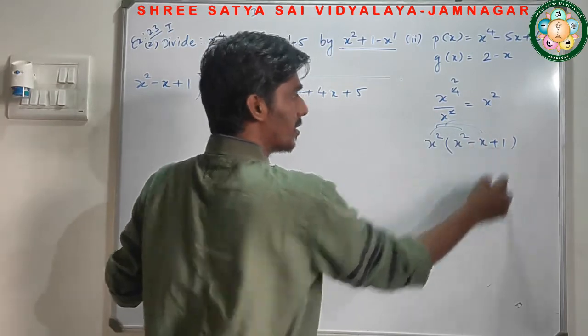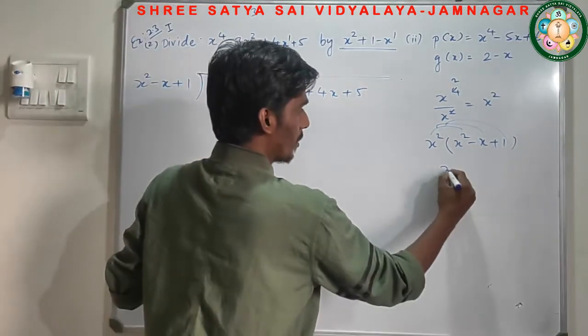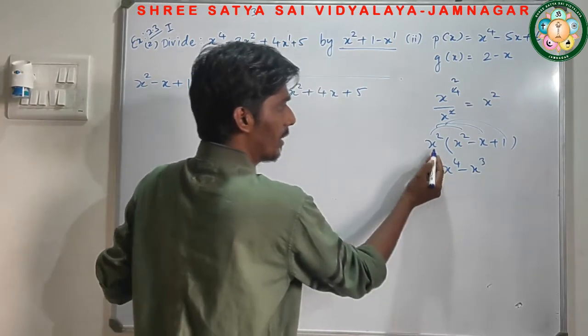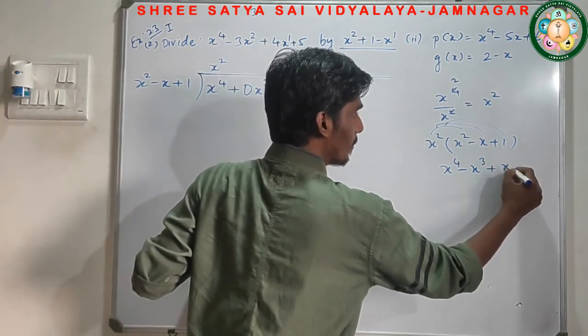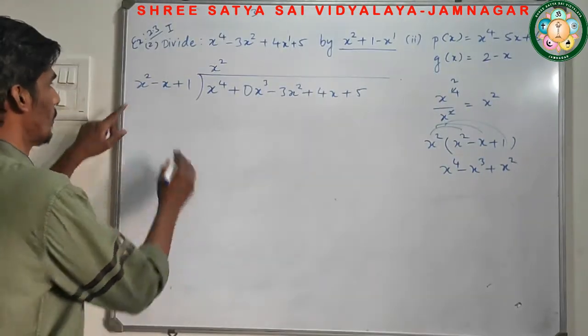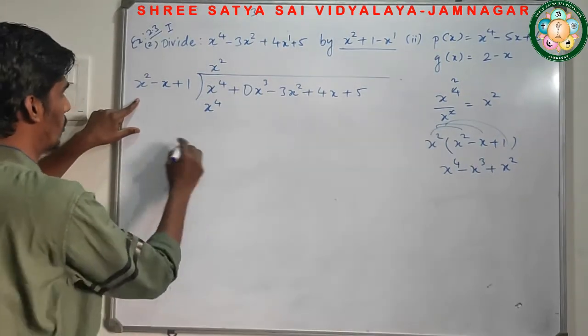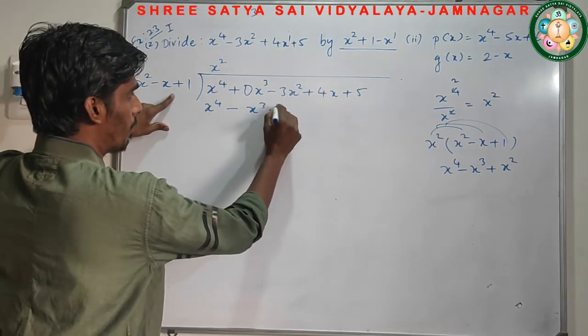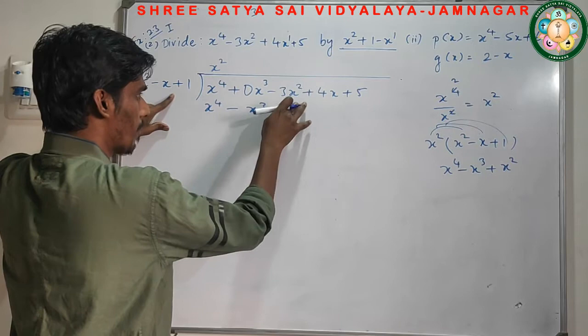This will multiply all these 3 numbers. So I'll get x raised to 4, x square into minus x is minus x cube, x square into plus 1 is x square. Write down these 3 terms over here: x raised to 4 minus x cube and plus x square.